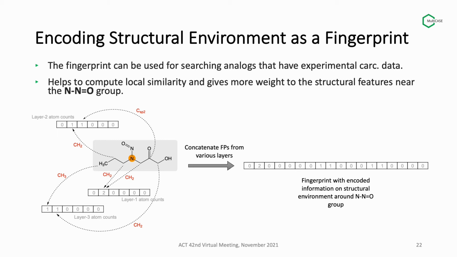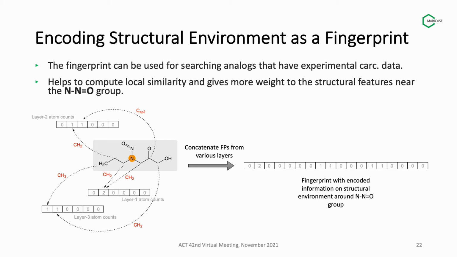This slide shows the effort of building a fingerprint by recording different atom types around the nitrosamine group and putting them into bins, and that is essentially the fingerprint. On the left side of the picture, you can see that I have recorded atom types from one bond distance and built a small fingerprint.